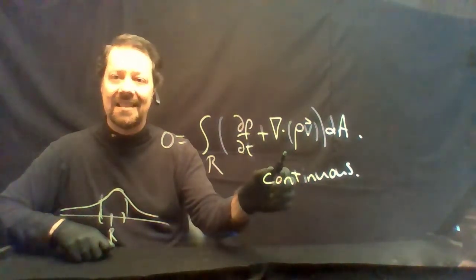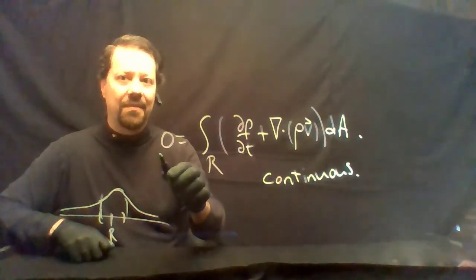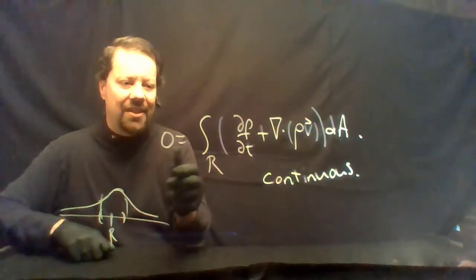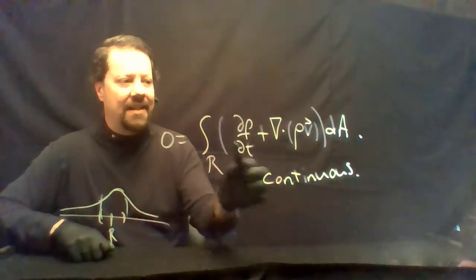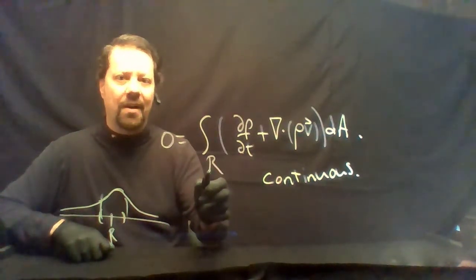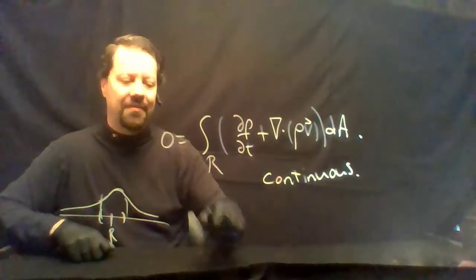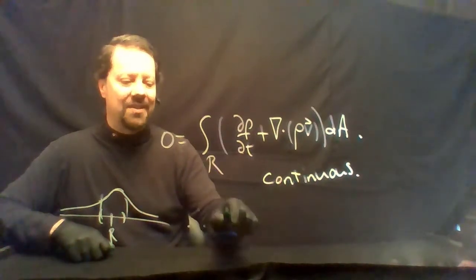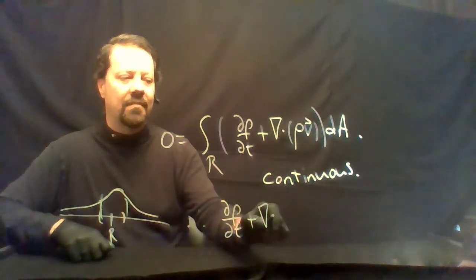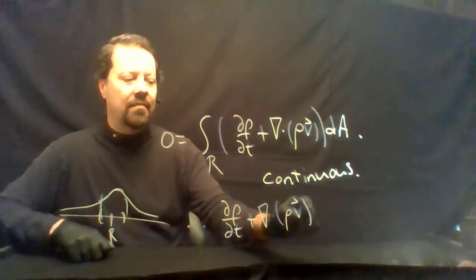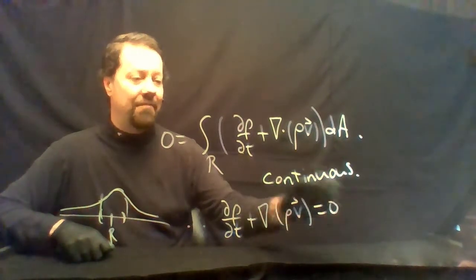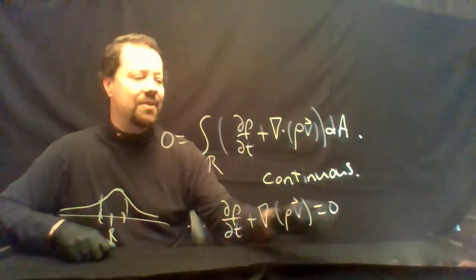If that's the case, then the integral can't be 0. We deduce then by something called the vanishing integrals principle, that if the integrand is continuous, and if you get 0 for all regions R, then the integrand itself must be 0. This is called the vanishing integrals principle that we used.